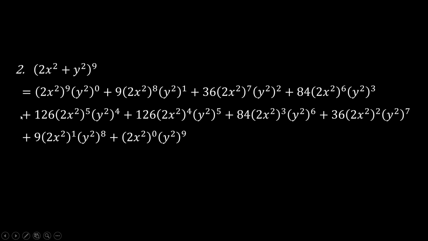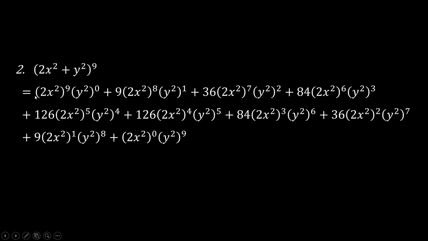So you will continue the process until you get this term. So again, we will have 10 terms here, since, as I have mentioned, the number of terms is determined by the exponent plus 1. So we have here 10 terms.